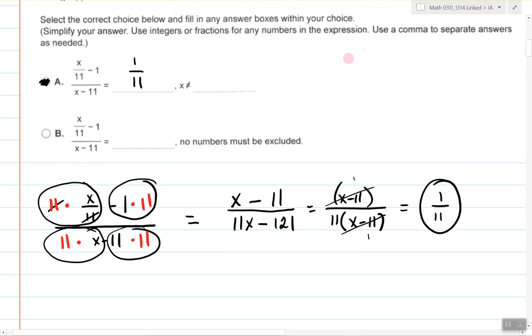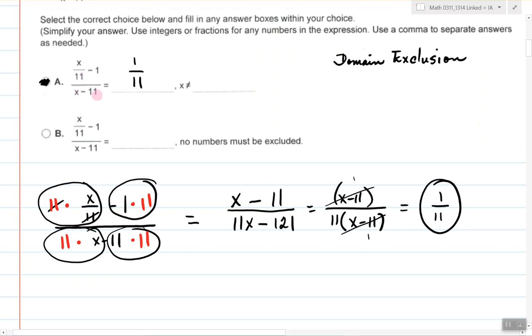So in this problem, when we talk about domain exclusions, I look at any little denominator to see if there is a value of the variable that could cause that denominator to become 0. This little denominator is a constant 11, and 11 is 11 and cannot become 0.